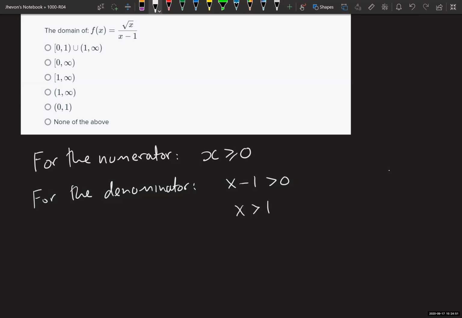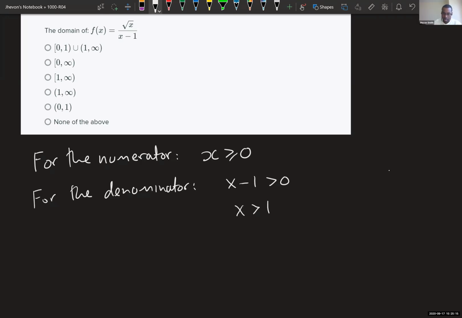Not quite. No, there's an issue here. What's the issue? Maybe someone can help them. For x minus 1, isn't it supposed to be equal to 0?